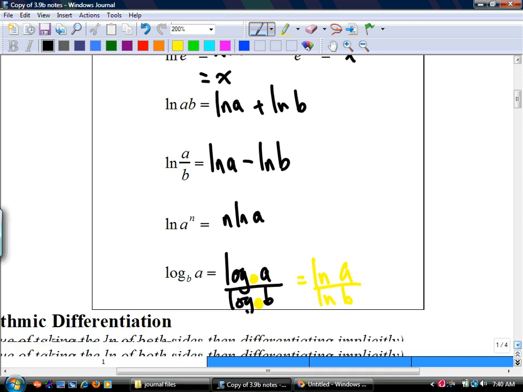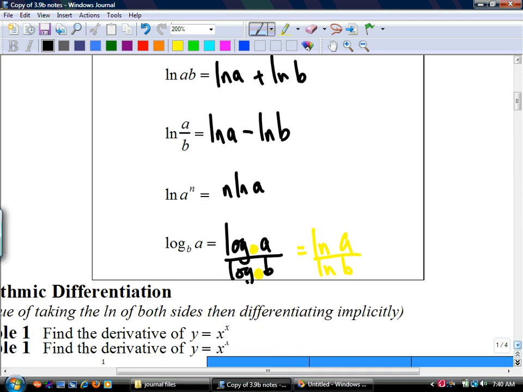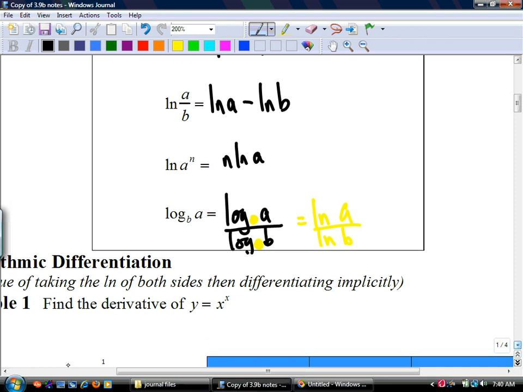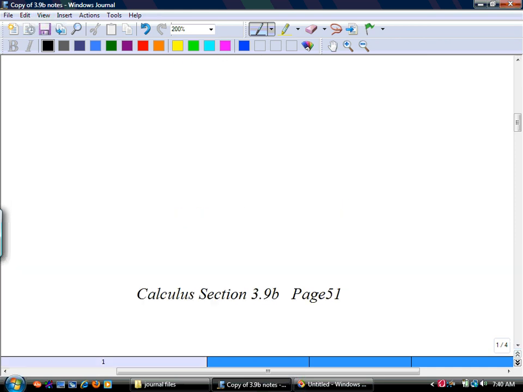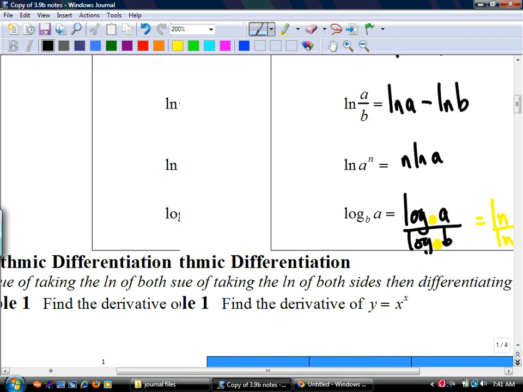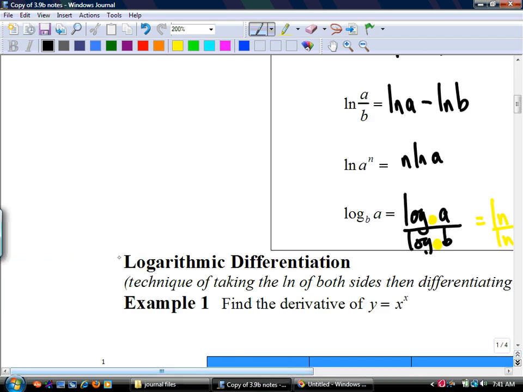Okay, logarithmic differentiation. So, why we do this. We use logarithmic derivatives for 2 different reasons.